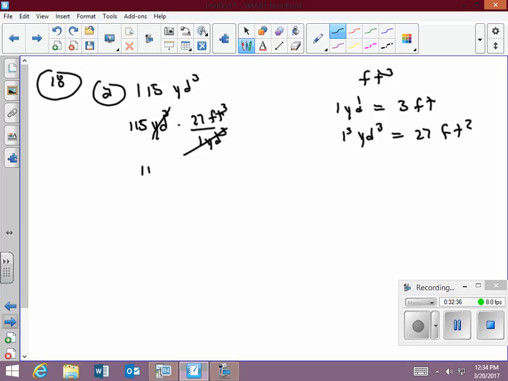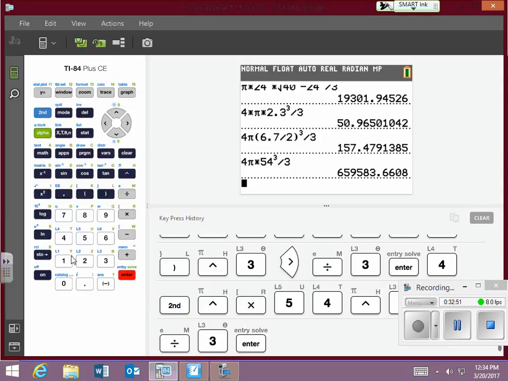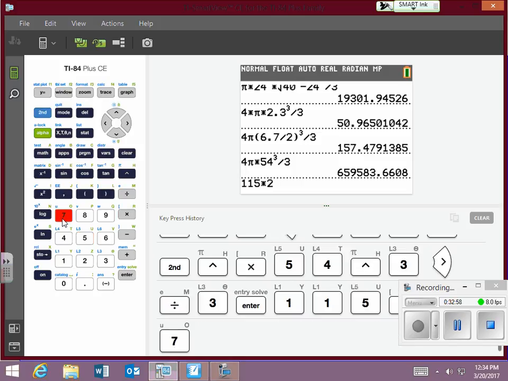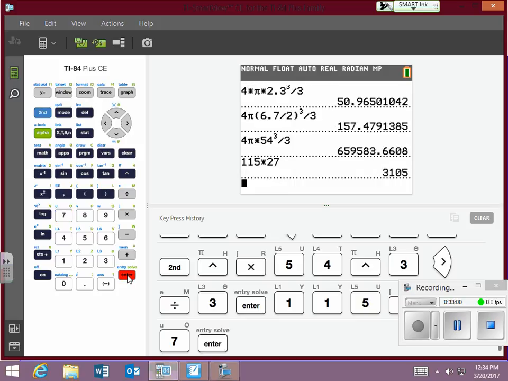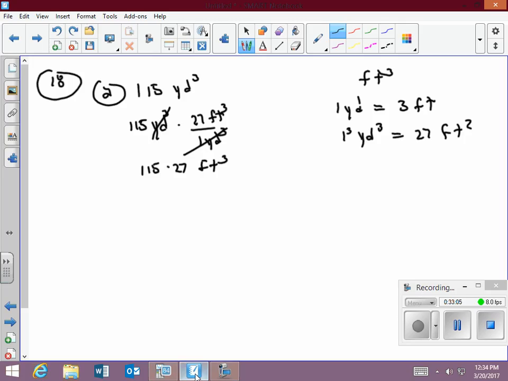So it's 115 times 27, and then you'll have feet cubed. I don't want to do it in my head. Times 27. 3,105 cubic feet, right?